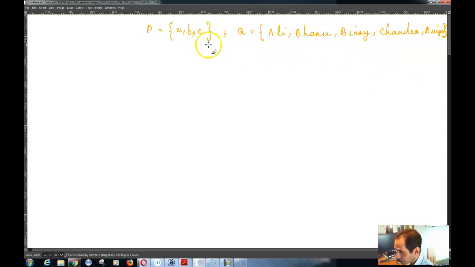Now you see that this set has 3 elements and this set has 5 elements, meaning that n of P is equal to 3 and n of Q is equal to 5.